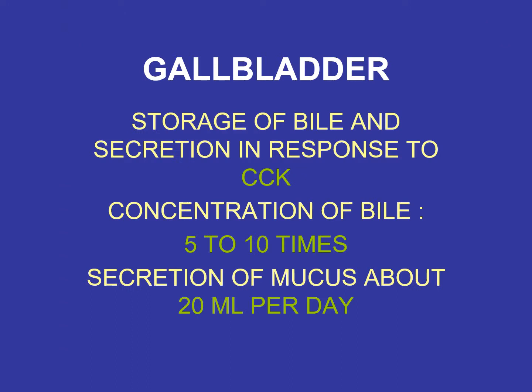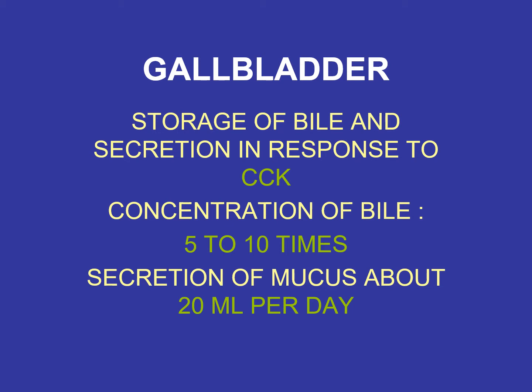Whenever you take some food, there are certain hormones which are released, for example cholecystokinin, which causes contraction of the gallbladder, and the bile is then excreted into the common bile duct.